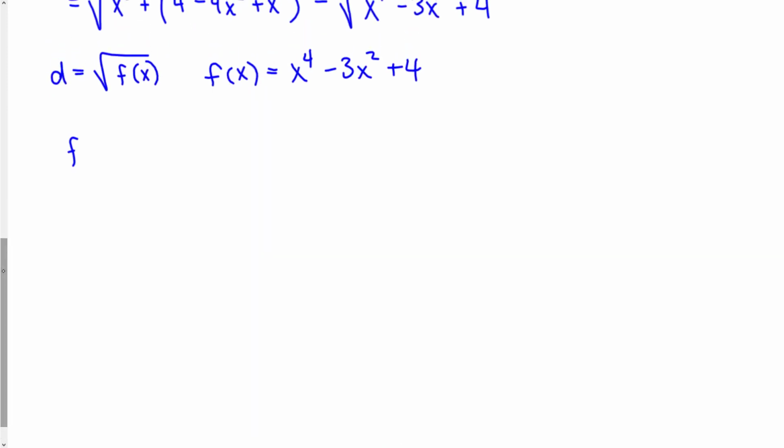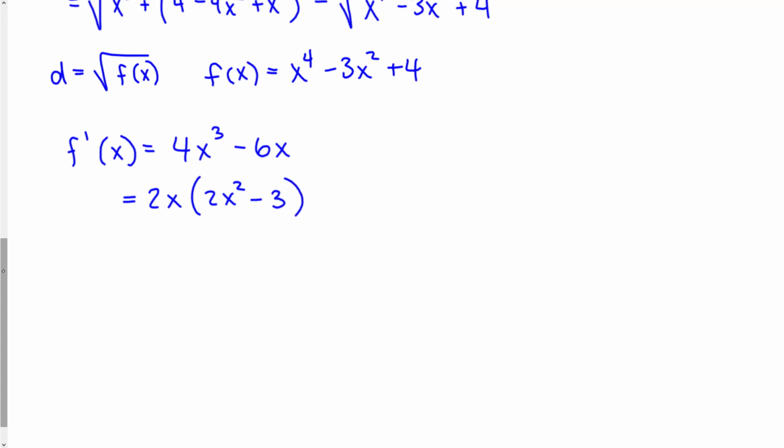So f prime of x would be 4x cubed minus 6x. And we want to know where critical numbers are. So if I take that function, it looks like I can factor out 2x. So that would leave me 2x squared minus 3.